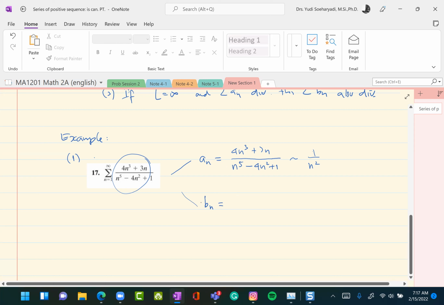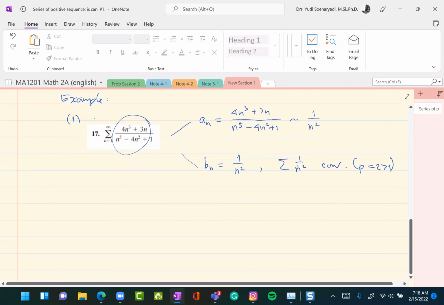We use b_n as this one, because we know that this converges, because it is a p series with p equals 2, bigger than 1.